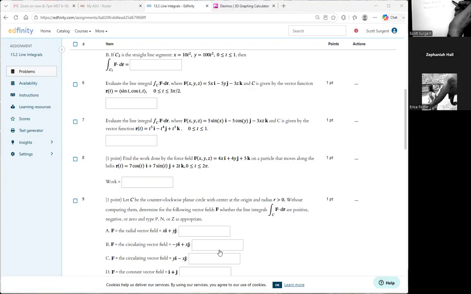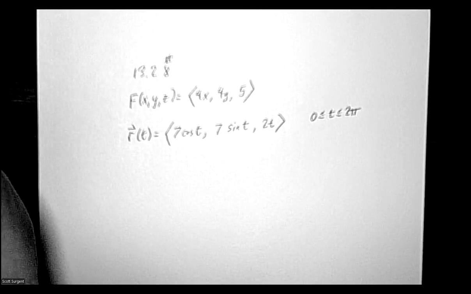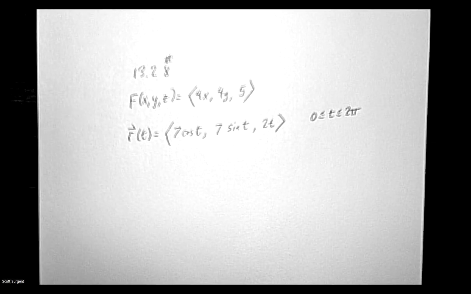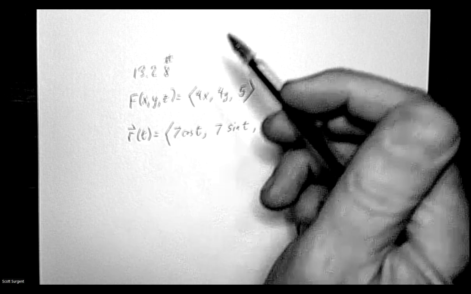We're doing this for one revolution, so 0 to 2 pi. So find the work done by the force field on this particle. And it turns out that work is F dot dr. It's an integral.